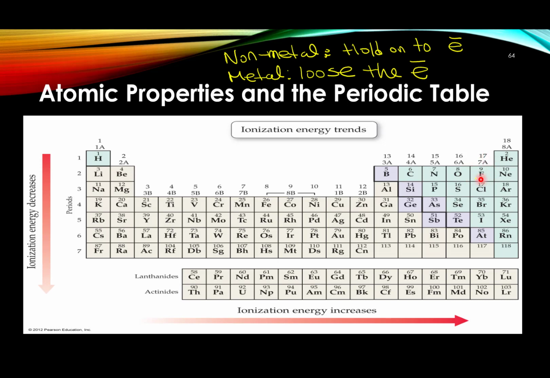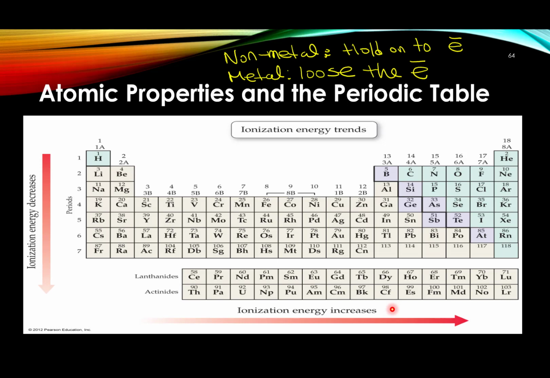It is the highest non-metal, and francium is the highest metal. Always remember that. That's why as we go from left toward the right, non-metallic characteristics increases. That's why ionization energy increases, because you need more energy to remove the electron, because non-metals want to hold on to their electrons.